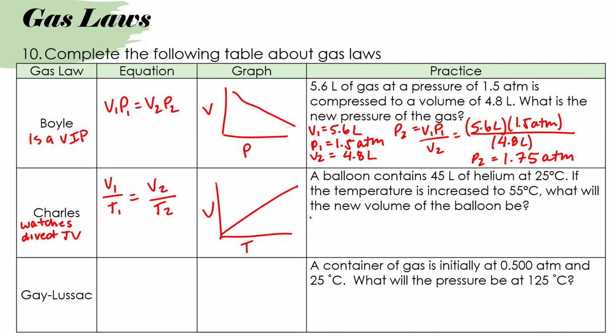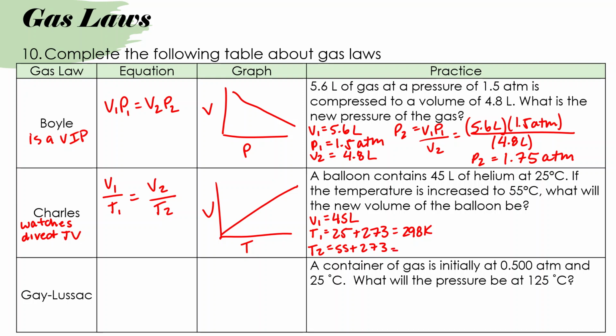A balloon has a volume of 45 liters at a temperature of 25 degrees Celsius. Don't forget to add 273 to make it into Kelvin. And we want to know if the temperature is decreased, or rather increased to 55, what is the new volume going to be here?